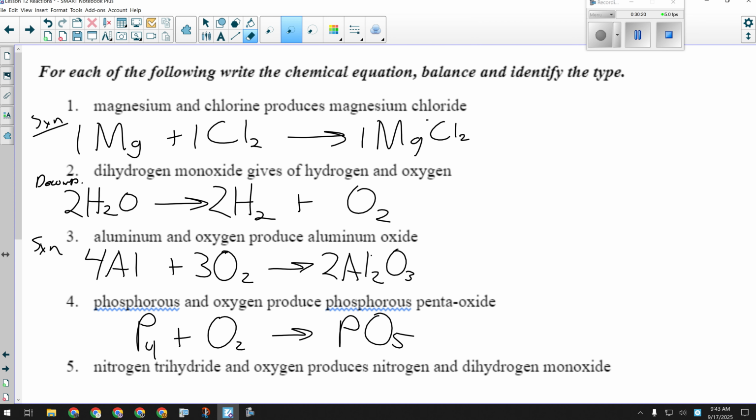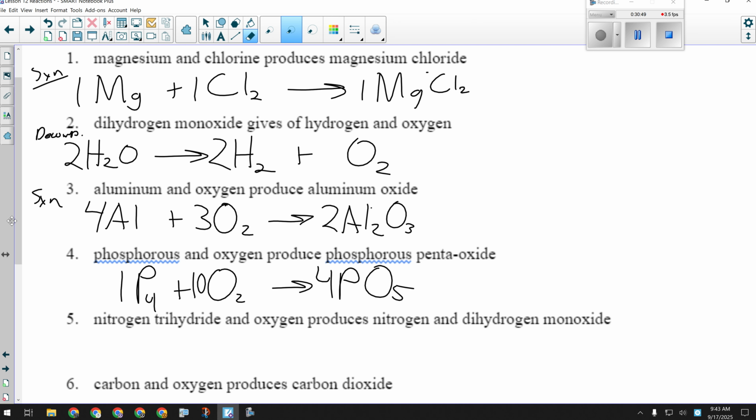Biggest number is obviously the 5, but if I try to balance the oxygen first, this isn't going to work out, is it? I'm still going to have to balance the phosphorus first. So I'm going to put a 4 there. Now my phosphorus are balanced. 4 times 5 is 20. So I need a 10 here and a 1 there.